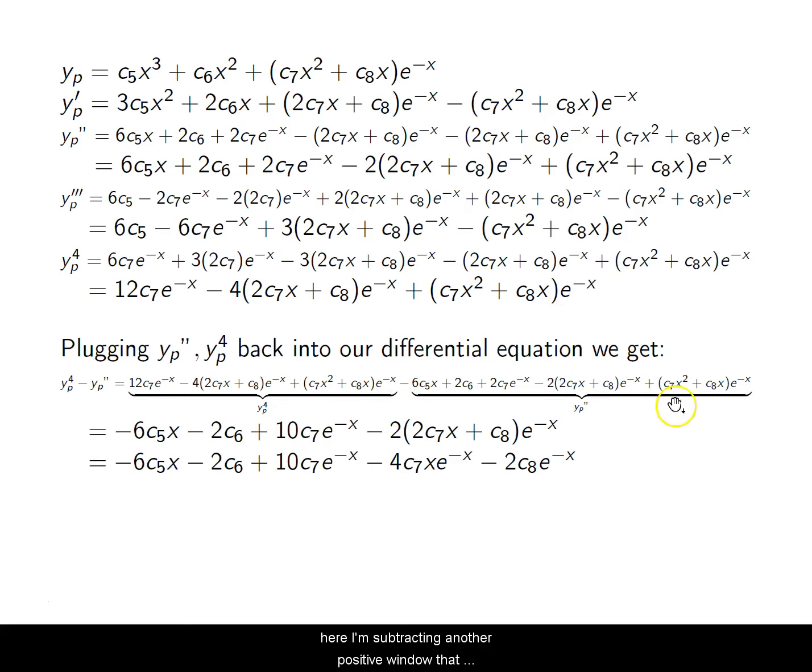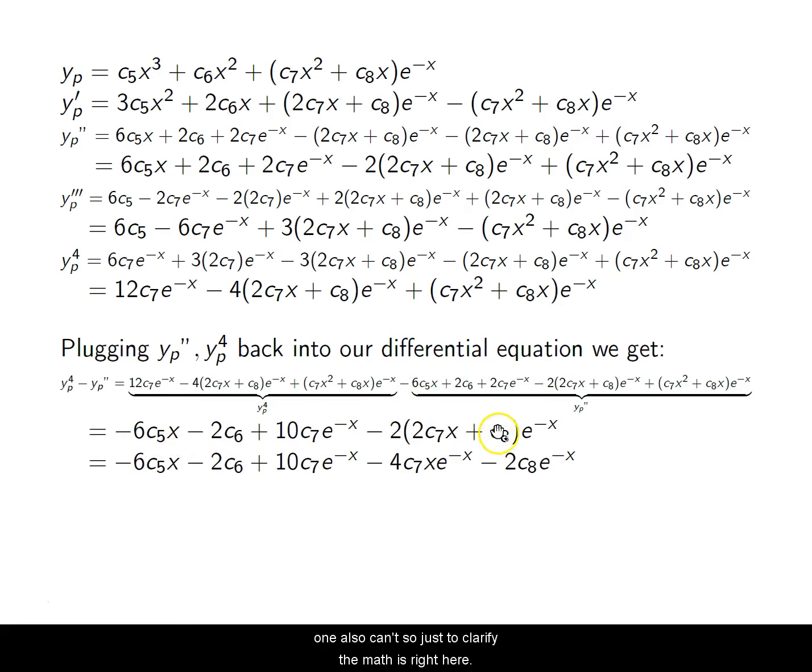I'm subtracting another positive one, though, that completely goes away. That's why you don't see any c7 x squared plus c8 x's times e to the negative coefficient. We talked through this one, and these two right here are the only ones that show up, and they show up over here. So that's why you have the minus and the negative one also.